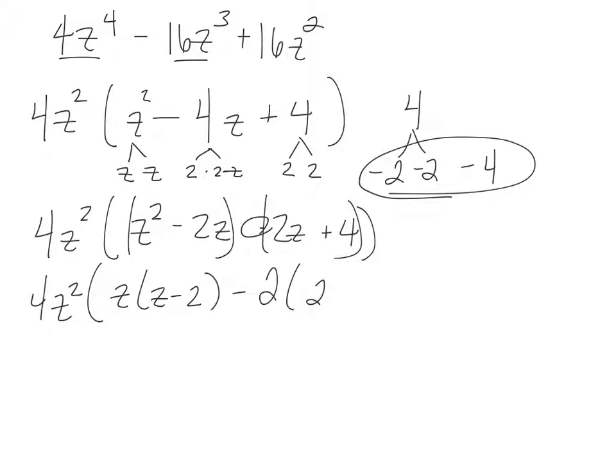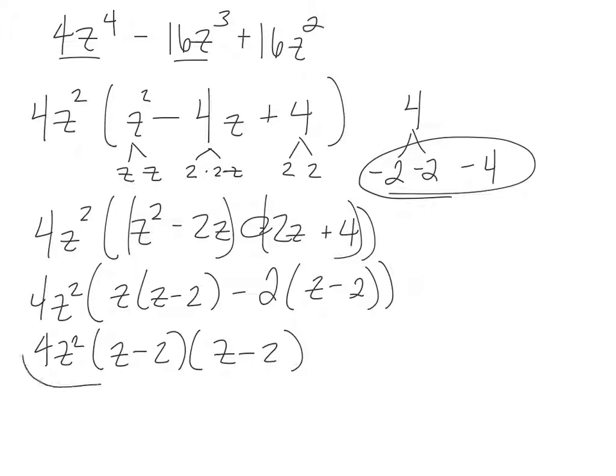And that gives me z minus 2. So those binomials are the same. Let's take those out. Z minus 2, and what's left? Z minus 2. Cool. I could also write it this way.